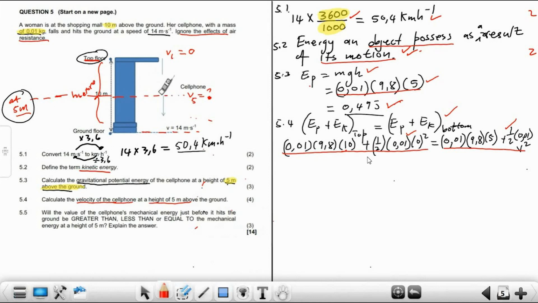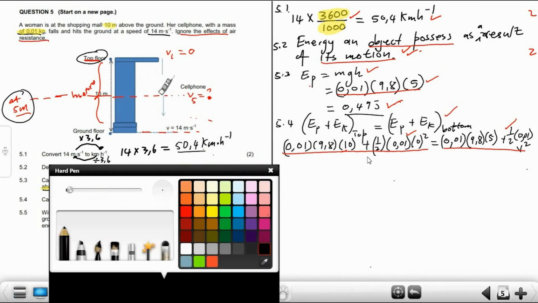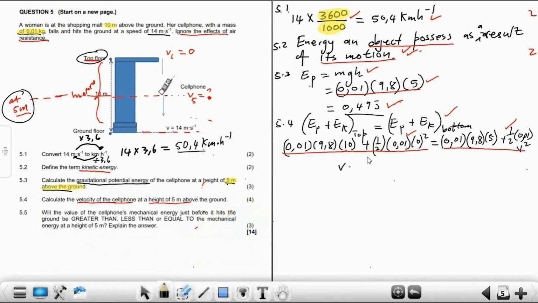The only thing left is to manipulate the equation, and I find that V is equal to 9.89 meters per second. And remember, energy is a scalar quantity, so we are working with speed, which means we don't necessarily need to indicate the direction on this one.